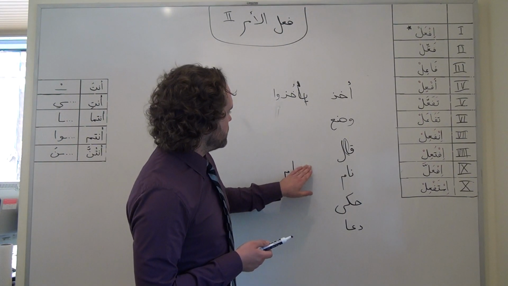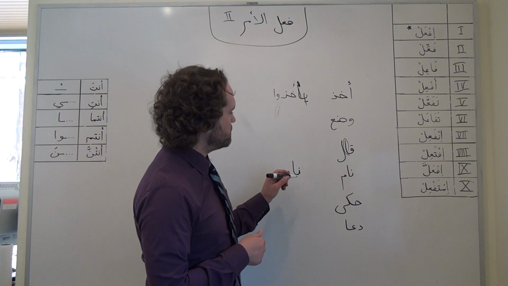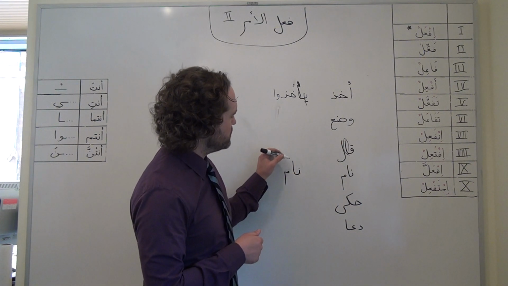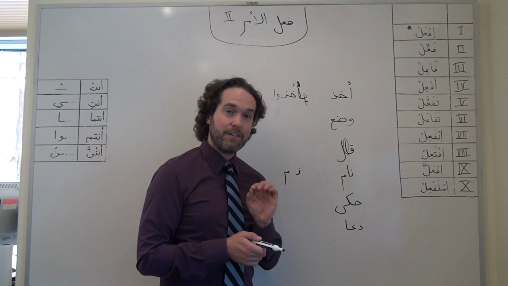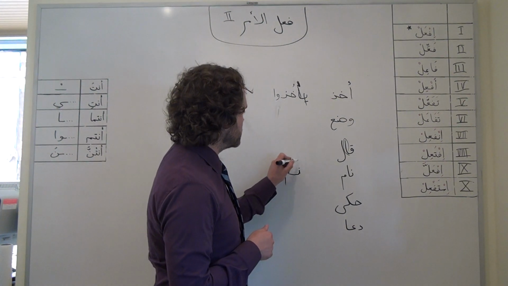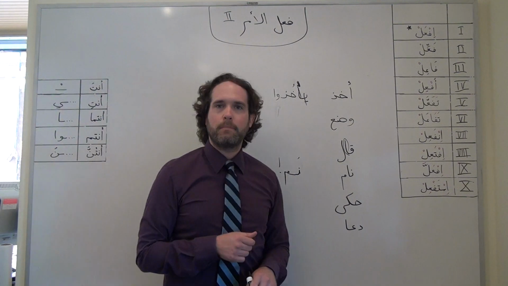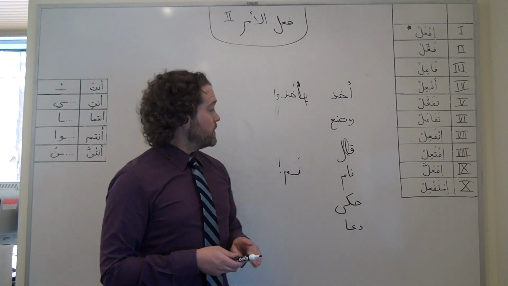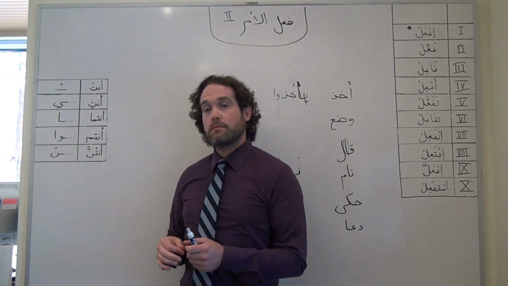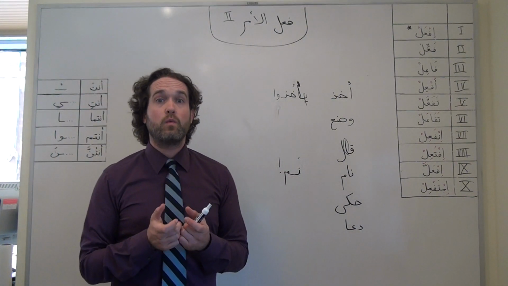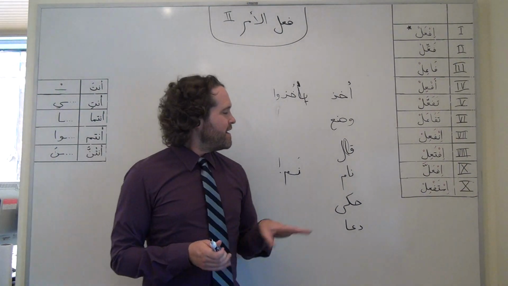And if we drop the ta, we have the same issue, too many hamzas, so we retain the sound of that alif, but we don't leave it visually in there. And we just say nam, sleep. Once again though, if we were going to conjugate it for most other subjects, we could retain that. Well, we just need to think about sukuns.